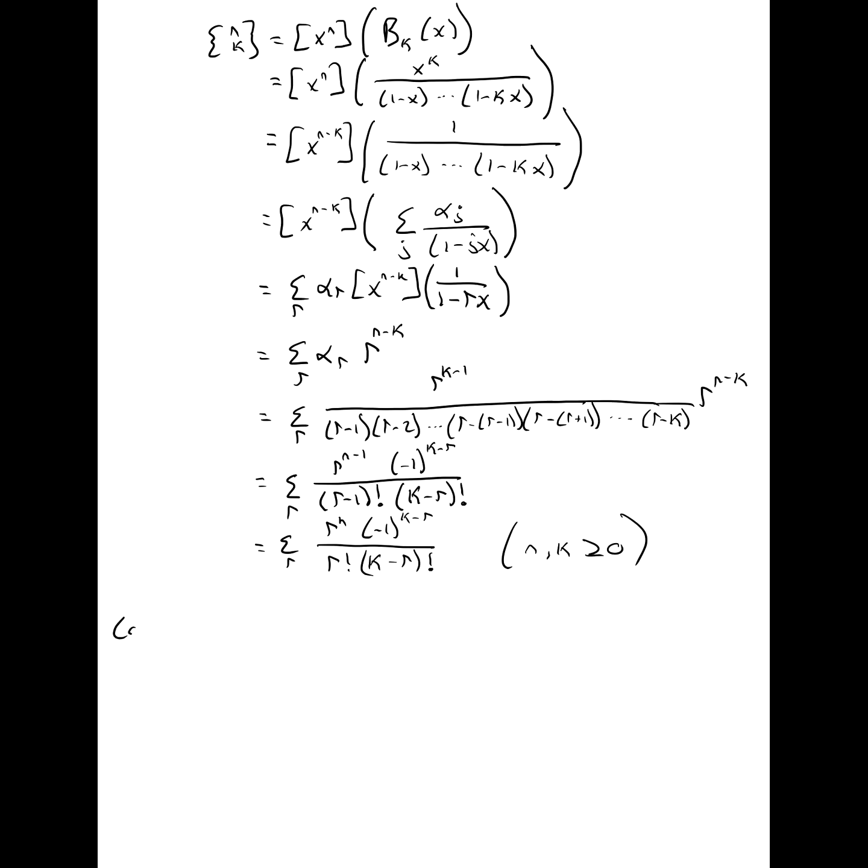So our conclusion, we can conclude by our string of equalities above, and I'll just rewrite it, is that the kth Stirling number is going to be identically equal to the sum from r equals 1 to k of negative 1 to the k minus r, times r to the n, all over r factorial times k minus r factorial.